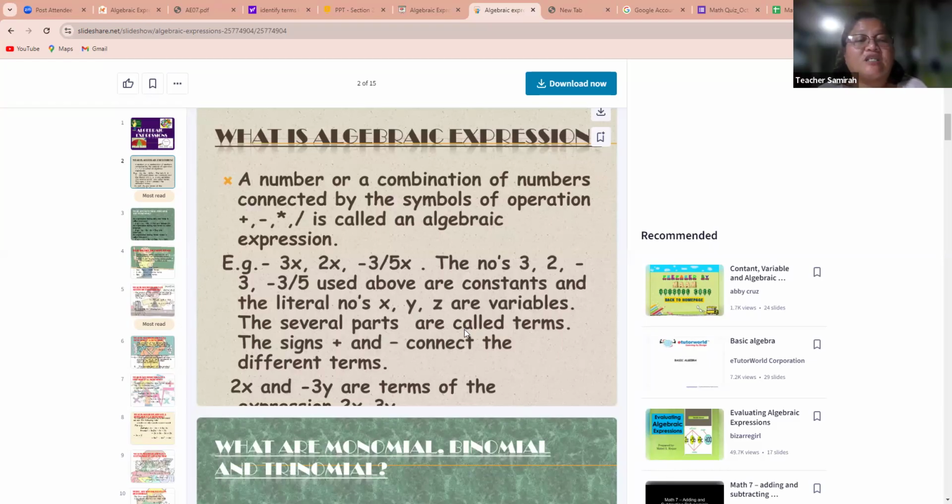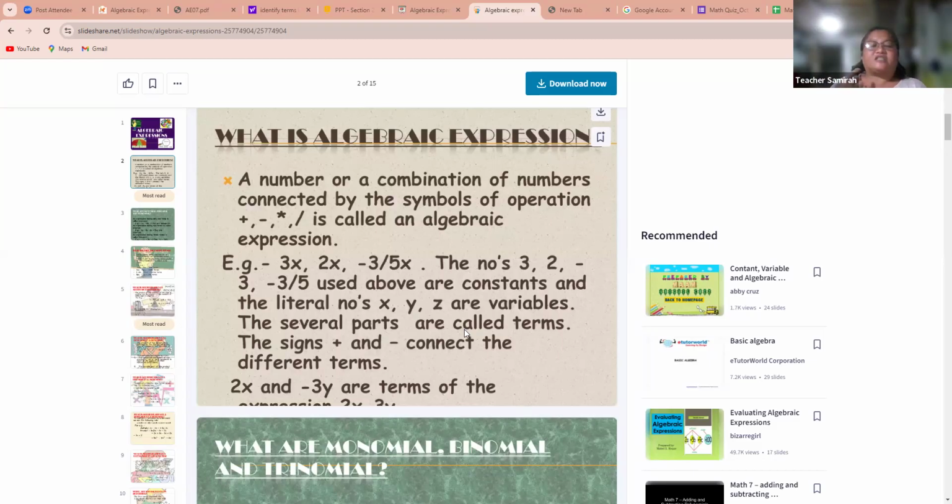The constants are the numbers that you can see before the variable. The variables are represented by a letter. So we are not going to limit ourselves to only x. We can also use y, z, a, b. Actually, all of the letters in the alphabet, we can use and make our variables.